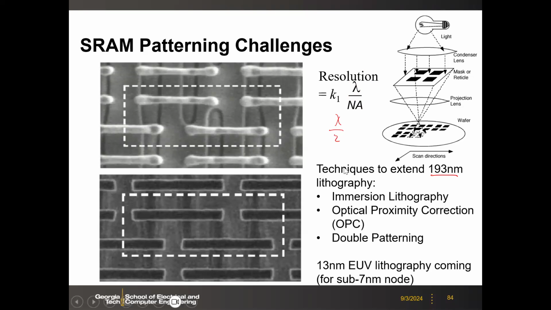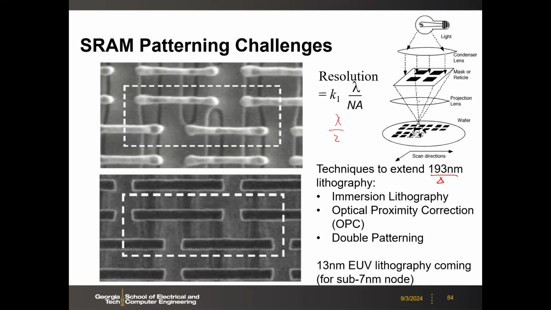But there are many other techniques introduced by the industry to continue the 193 nanometer lithography to more advanced nodes, even for maybe 14 nanometer, 22 and 14 are all based on this 193 nanometer lithography. There are many techniques. For example, they increase this numerical aperture using immersion lithography technology.